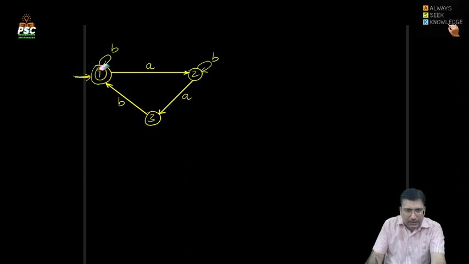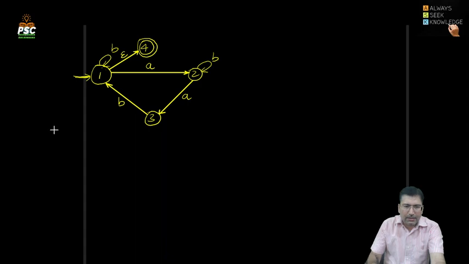So the very first thing, I remove this, I do not consider this as final. I write some new final state. So let's say I assume that there is a new final state. That final state can be named, let's say, 4. So this is the final state, obviously by traversing null.